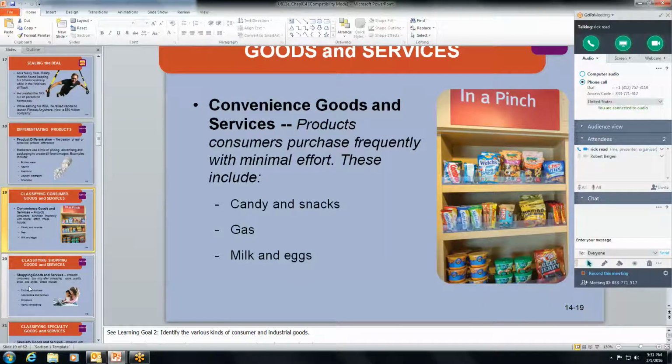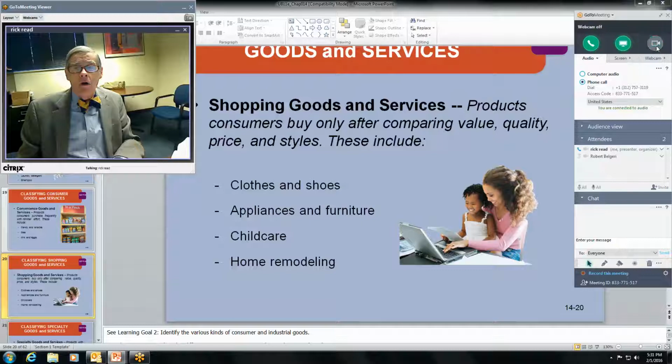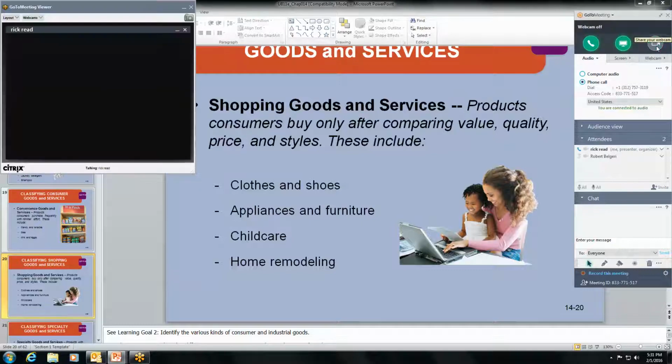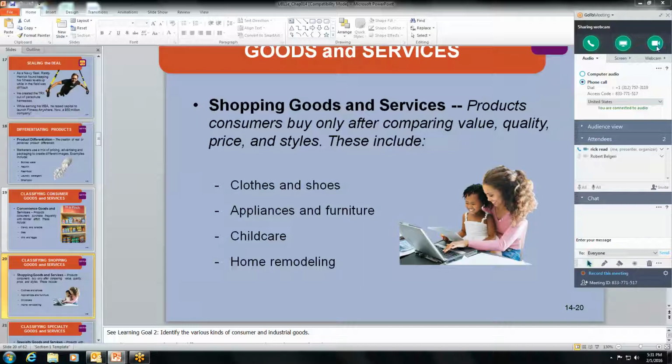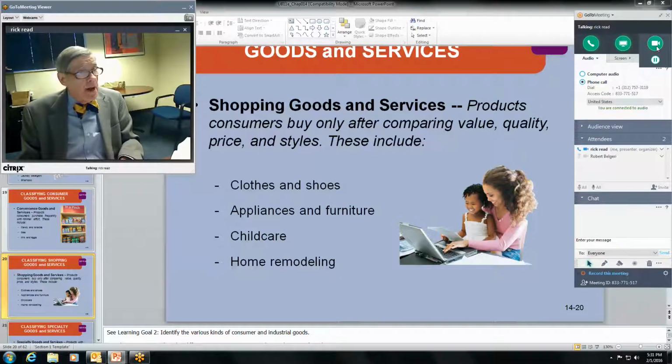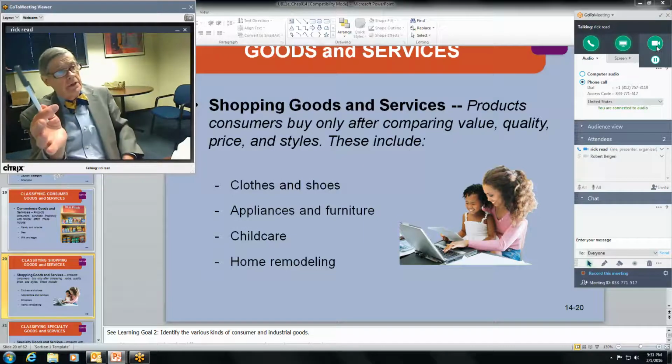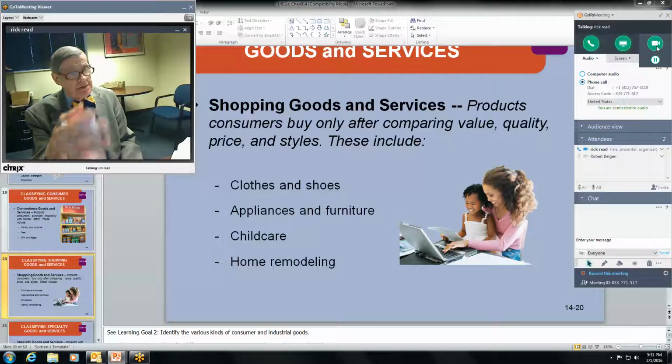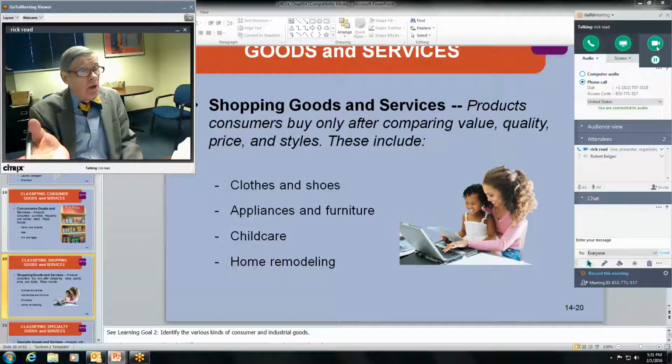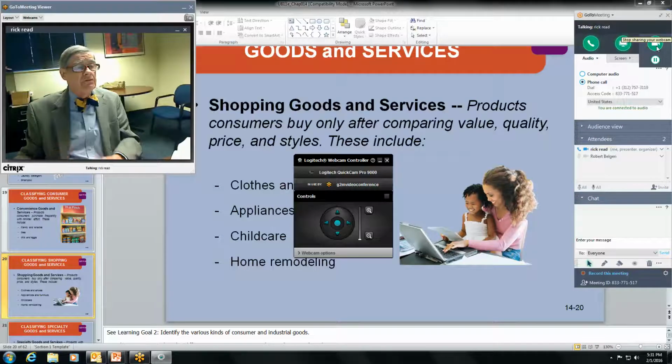The next classification are what are called shopping goods and services. And the issue here is that the customer will not make a purchase until after he or she has done some comparison shopping. And notice they're looking here for value and quality and price, etc. And these are the things that fall into this category: clothes and shoes, appliances, furniture, home remodeling, etc. I don't know how much home remodeling you've ever done in your life, but we've done some, and some, of course, you have to do, like putting on a new roof.